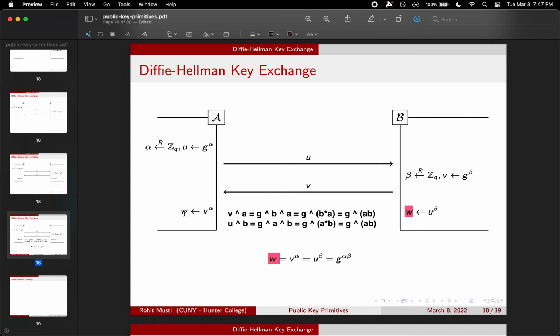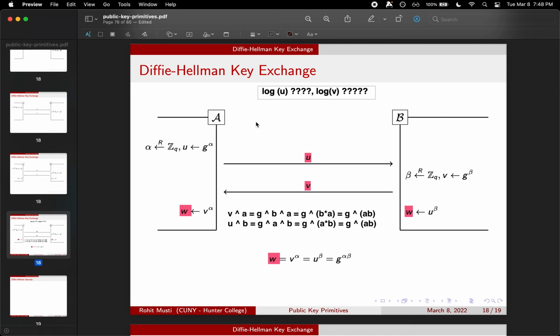Bob knows W and Alice knows W. All that the adversary hears over the phone line is U and V. And as we've established, taking the log of U, that is a hard problem. That's a discrete log problem. Taking the log of V is also as hard as a discrete log problem.